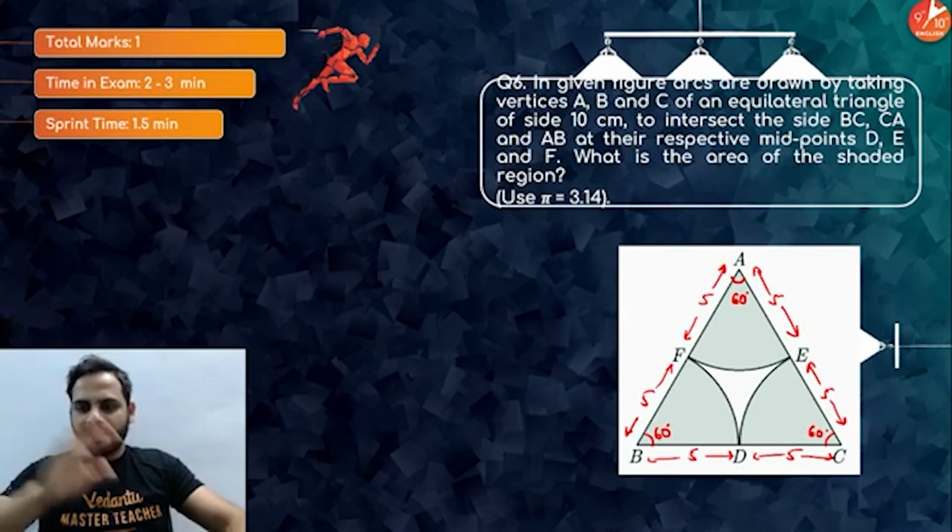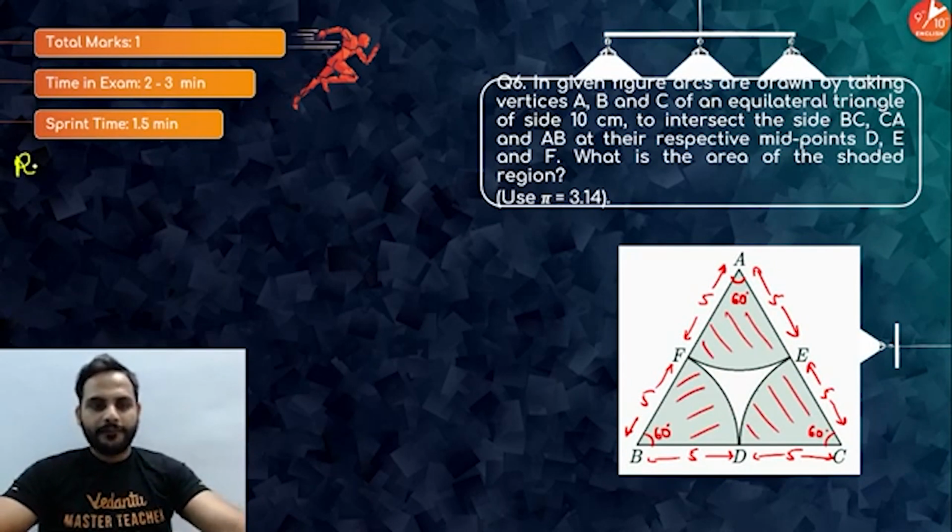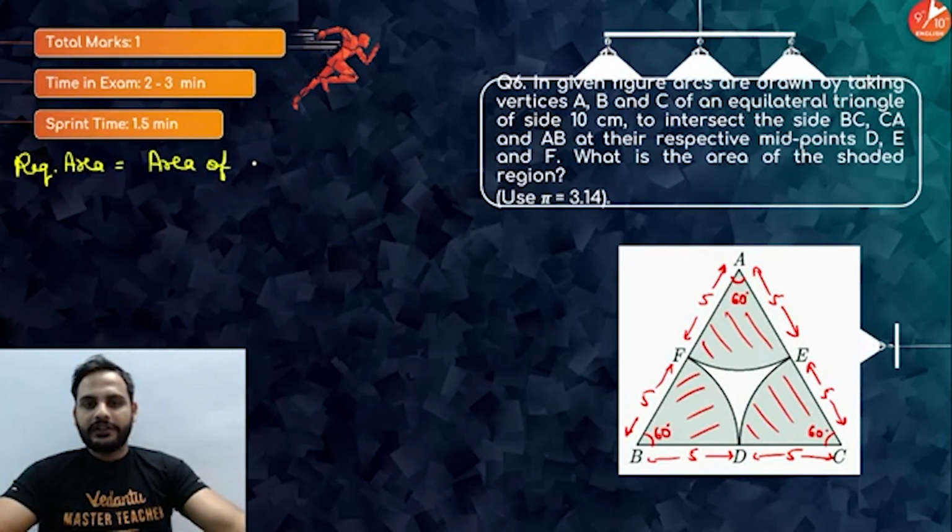So the area of the shaded region means here the shaded region is these three sectors, right? These three are shaded. So shaded region means what? Area of all the three sectors. So now I can say the required area is nothing but the area of three sectors.